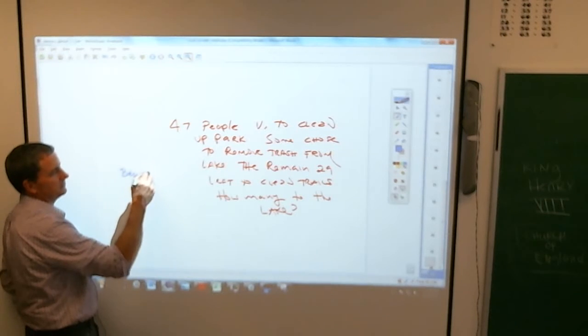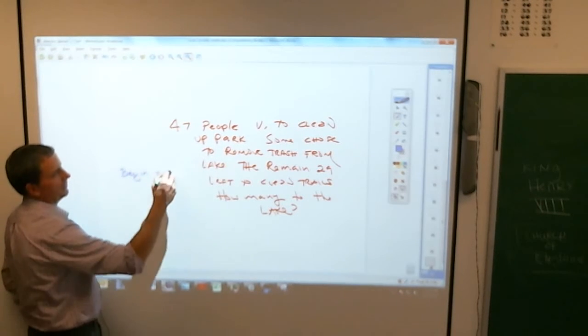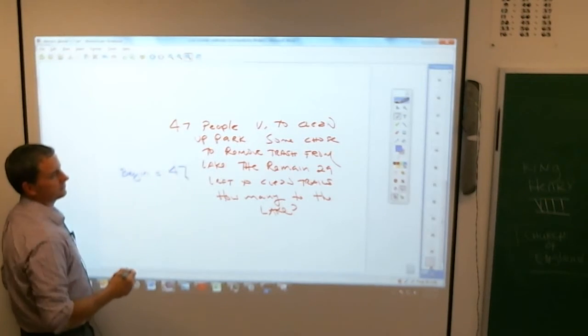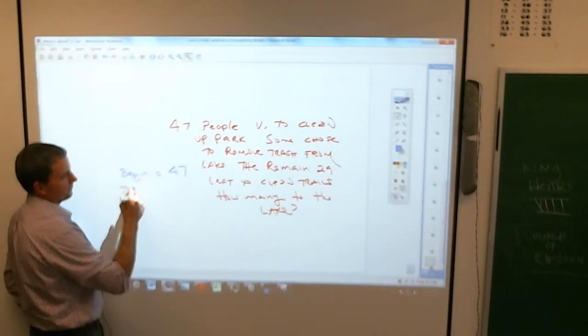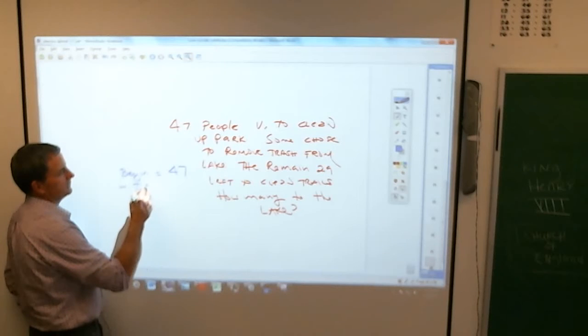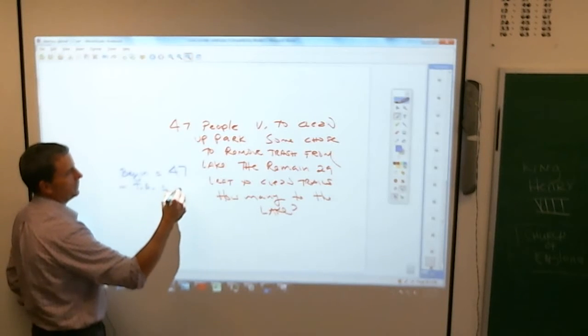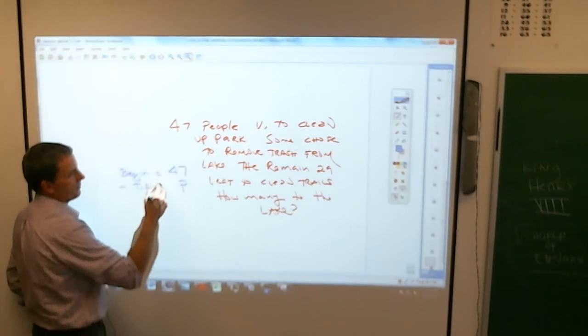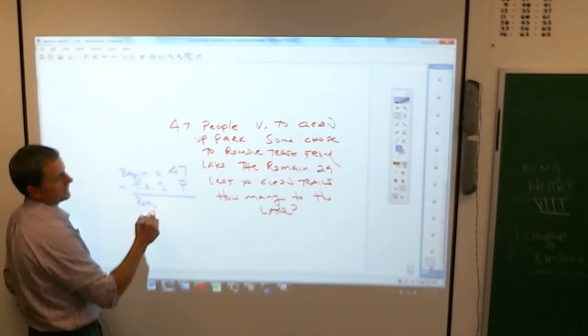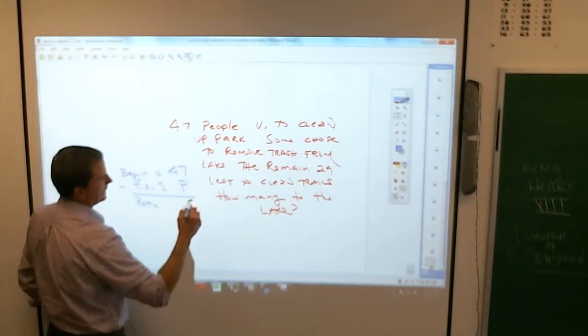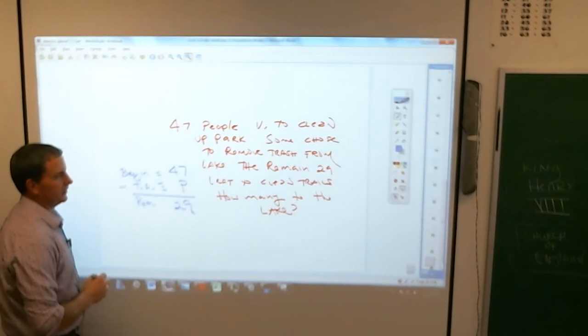Right, because you are taking the beginning number. What is the beginning? You started with 47 people. You took away the ones that went to the lake, which you don't know. And that leaves you with how many remaining? 29 were left to clean up the trails.